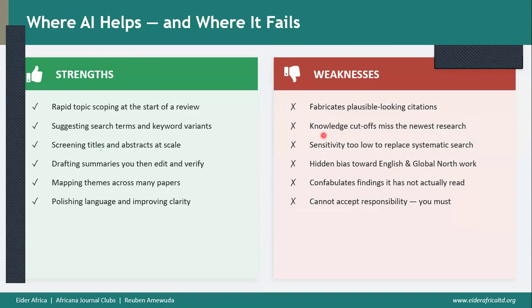Now, number three: sensitivity too low to replace systematic search. AI cannot browse even some websites. That's one thing I fear. AI cannot dig through, for example, Scopus. AI cannot even penetrate Scopus or Web of Science to find good research for you because of security reasons. Those high-class databases do not allow AI to penetrate into their database and pick anything just like that.